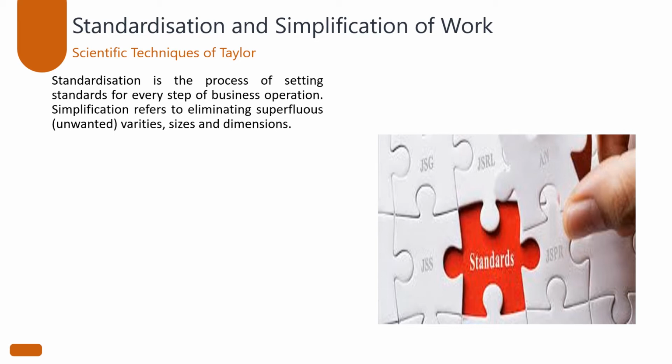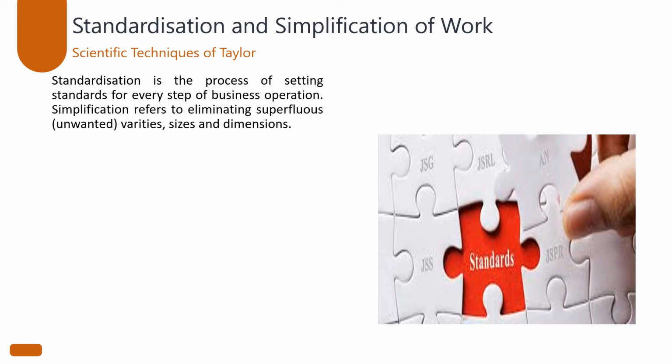So if there is a certain variety which is not working well in the market, it is better to eliminate that variety and use the same resources for those varieties which are working well in the market. This will definitely help the organization to optimally utilize its resources.